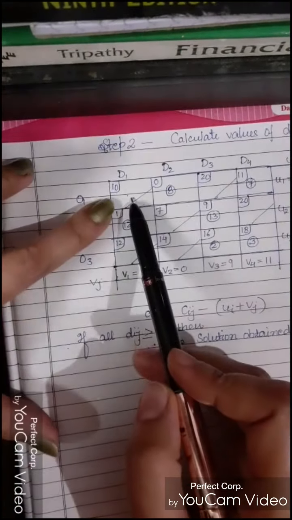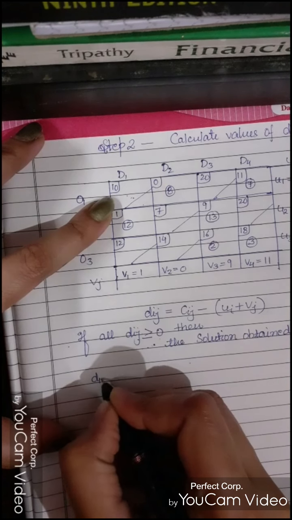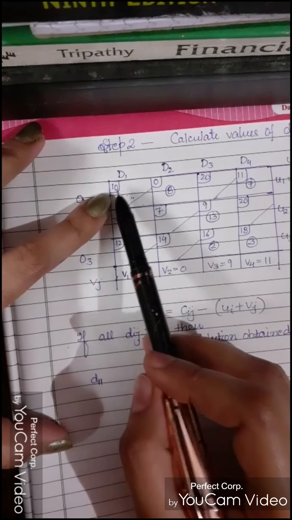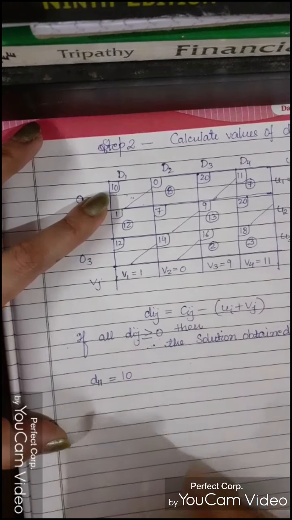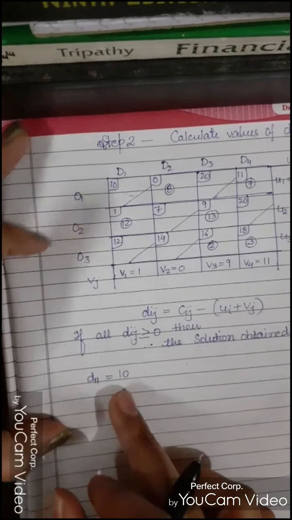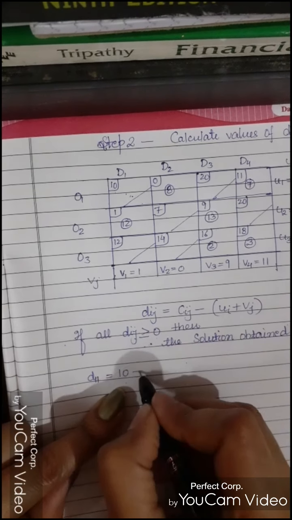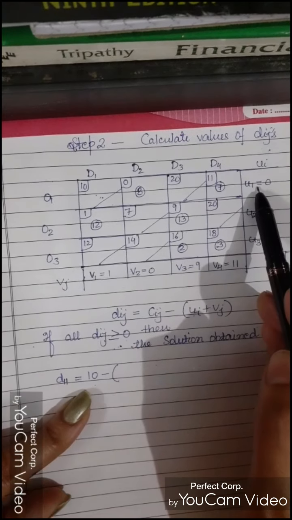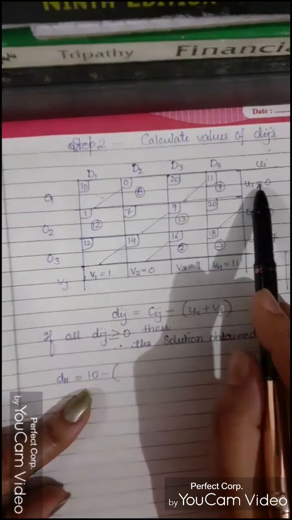So let's start calculating the first dij for the cell. This cell is D11, that means first row and first column. For this D11, what is the cost? The cost is 10. Your Cij is 10 minus, what is the value of ui here? We are having u1 for this cell, u1 equals 0.